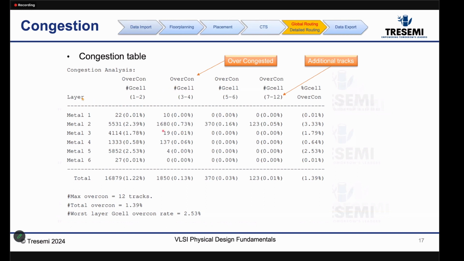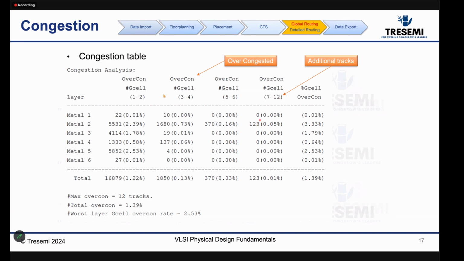So in this case, just by looking at this, M2 seems to be worse, right? We have really bad congestion on M2 here, right? It's not just one or two additional tracks. It goes even up to 7 or 12, right?